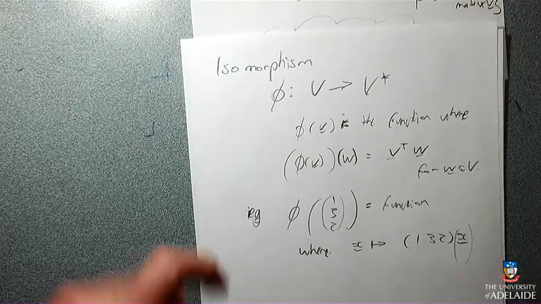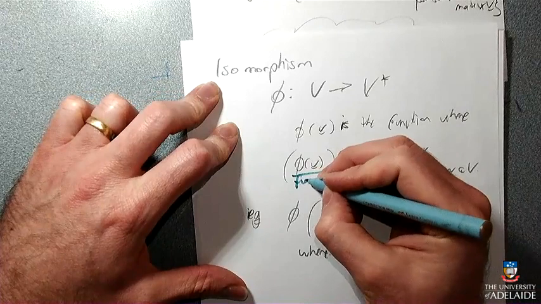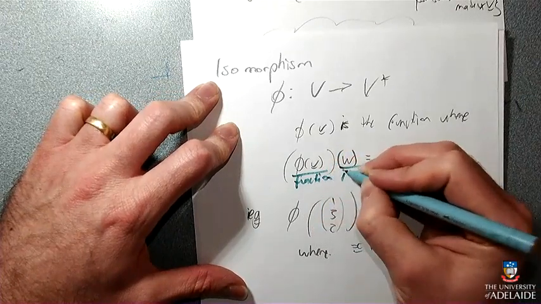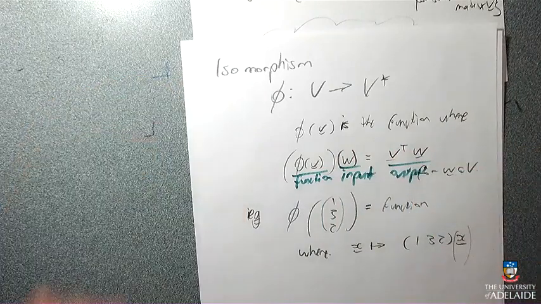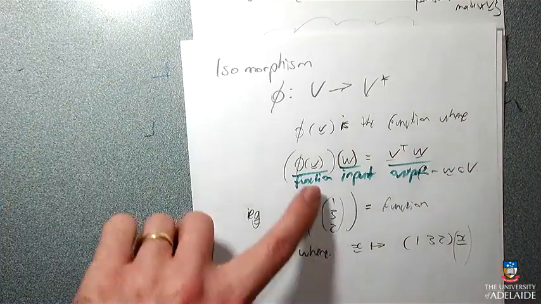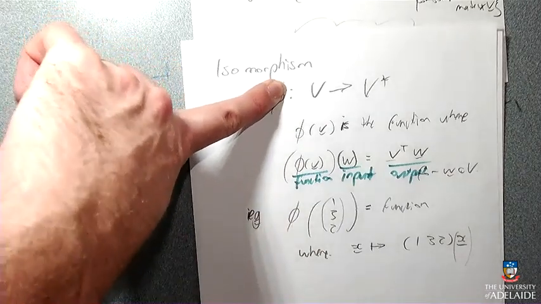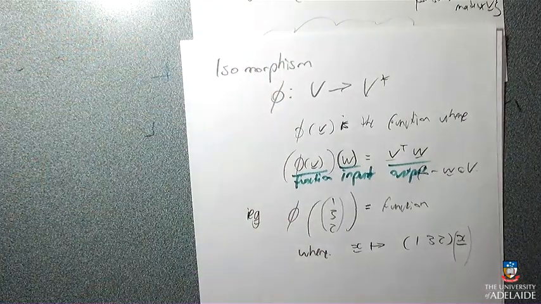So that's a function. And this is the input of the function. And this is the output. But the function itself is the output of this function. It's easier for me to think about this as just in my head going, okay, well the vector becomes a row and that row creates a function by multiplying by the other vectors.